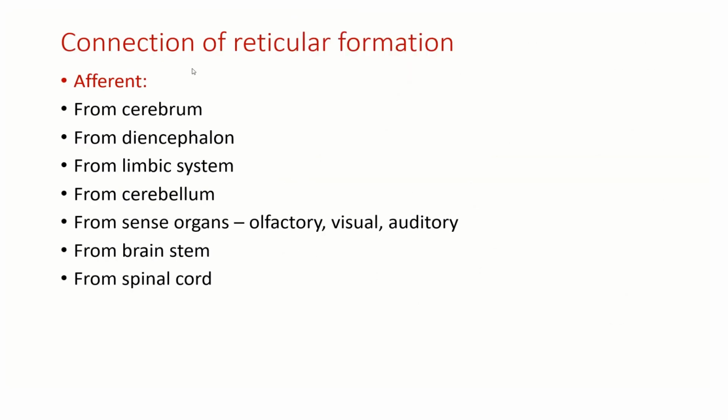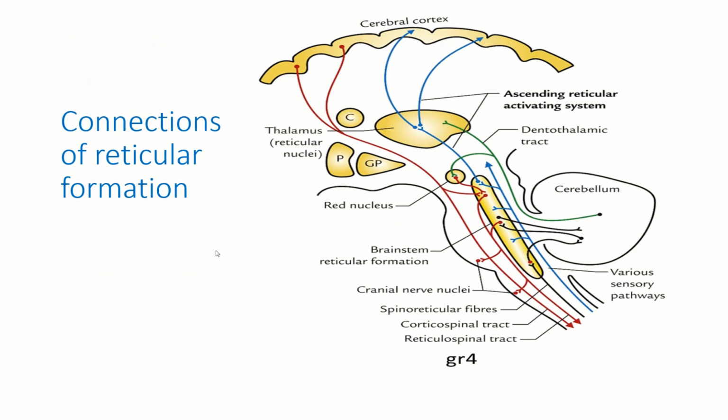So connections of the reticular formation, afferents. They receive afferent fibers from the cerebrum, from the diencephalon, from the limbic system, from the cerebellum, from sense organs, especially olfactory, visual and auditory, from the brainstem and from the spinal cord. You can see here, this entire reticular formation is receiving from the cerebellum, diencephalon, cerebral cortex, spinal cord, and different parts of the brainstem.